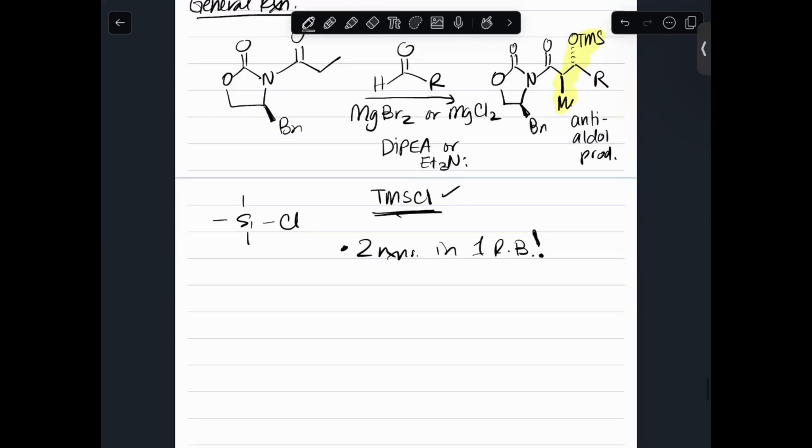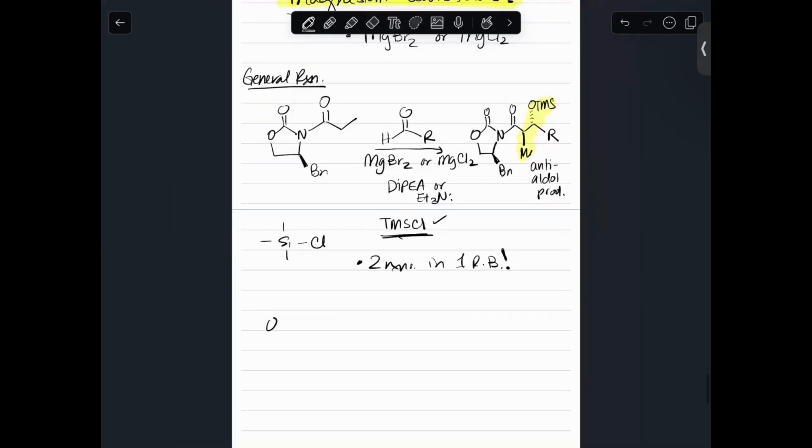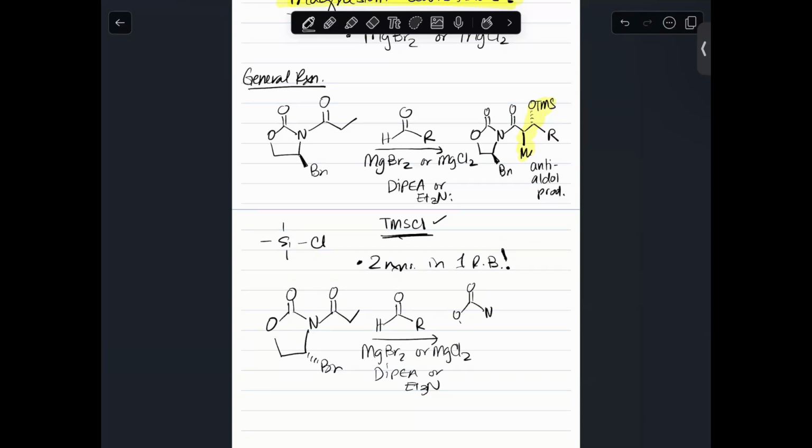I'll go ahead and draw out the example with the enantiomer of my oxazolidinone, where the reaction conditions are exactly the same. You can use either one of the Lewis acids, DIPEA or triethylamine. And just like I mentioned, you get the anti-aldol product.